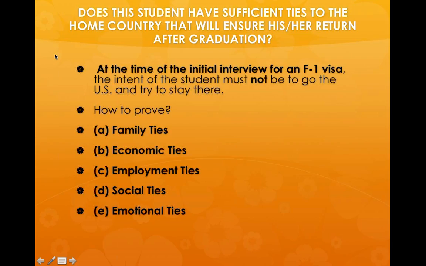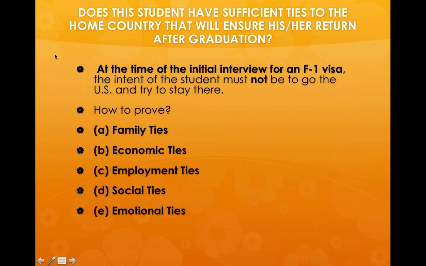But if you're applying for an F1 visa, you should prove that yes, my intention is to go on a temporary basis because my visa requires me to be there on a temporary basis, and I will prove that I have family, economic, employment, social and emotional ties which will bring me back to India. And if you say this, you get the visa.